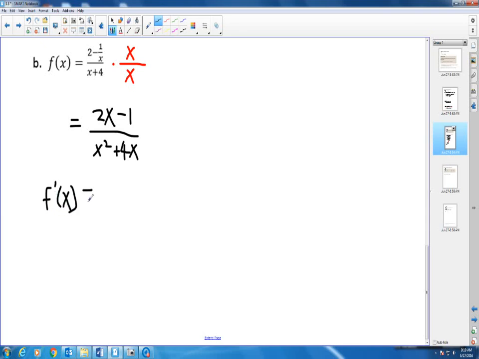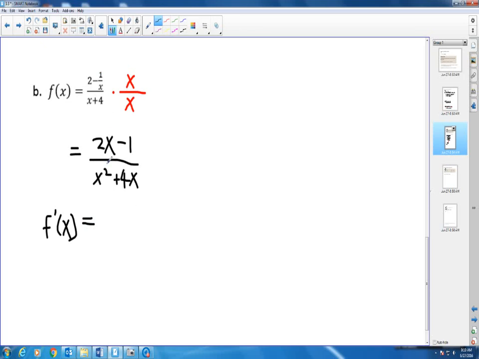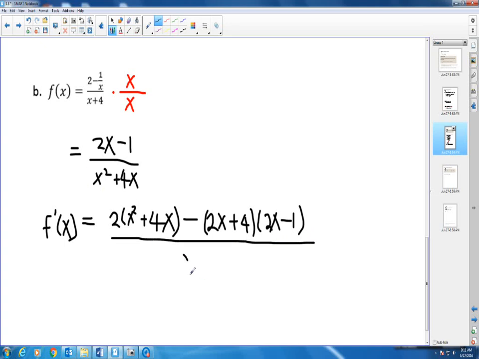Alright, the quotient rule: the derivative of the top, which is 2, times the bottom, minus the derivative of the bottom, which is 2x plus 4, times the top, whole thing over the denominator, the bottom squared.